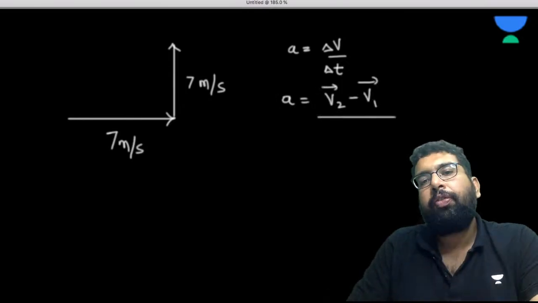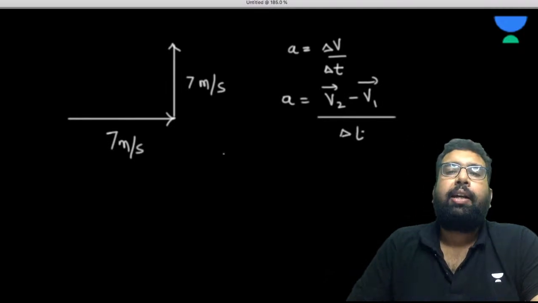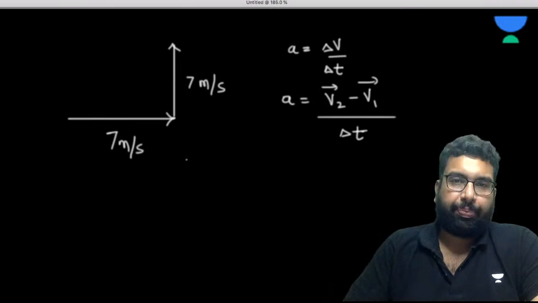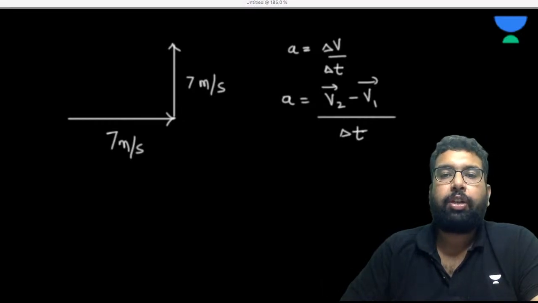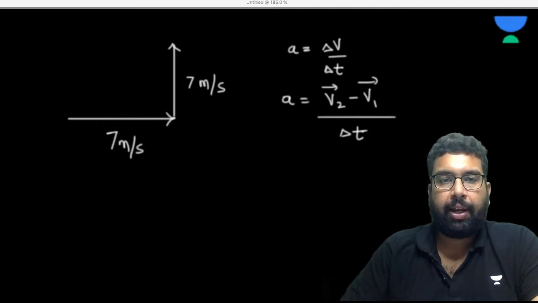So that is v2 vector minus v1 vector upon delta t. Now, even though the magnitude of velocity is not changing, the direction is changing, that means the vector is changing. And when the velocity changes, we all know that there will be acceleration in the body, right?